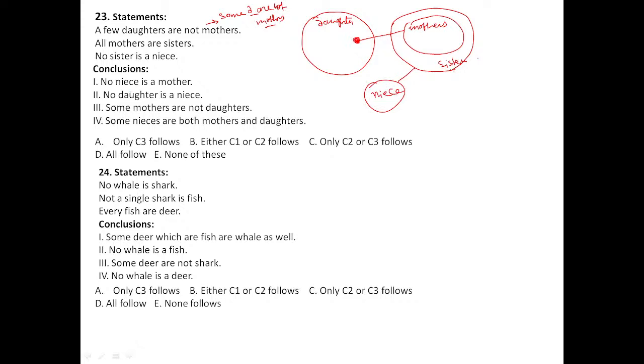Now check the conclusions. No niece is mother. Yeah, definitely true, because all mothers are within the sister part and no sister is niece is given in the statement. So you can say that no niece is mother. Definitely true, right? No daughter is niece. Here there is no relation at all.